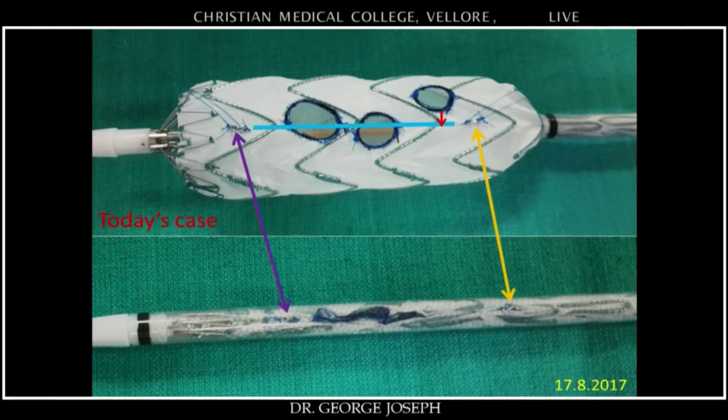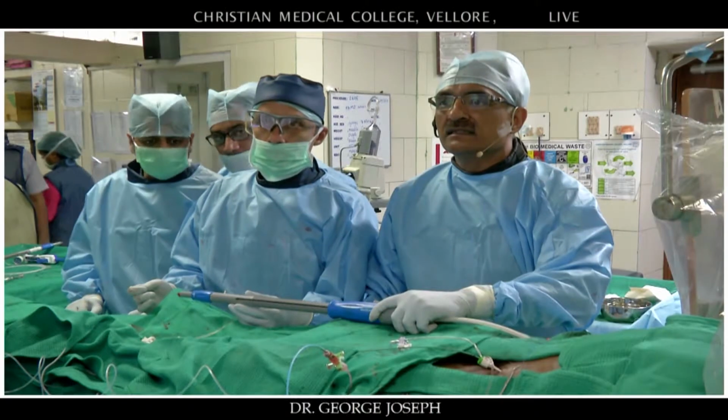Okay, I think we are okay, and there is also the same distance from there to the innominate, which we can see well. I think we are okay. I've just double confirmed that my location is fine.